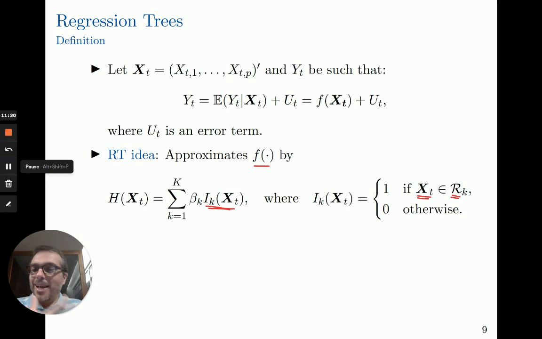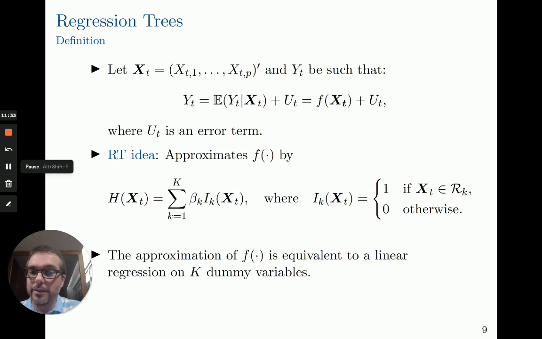It's like a sum of basis functions, but our basis functions are these indicator functions that define the regions in our input space. Basically the approximation f is equivalent to a linear regression on K dummy variables, where these dummy variables are indicators of each one of the regions defined by the tree.